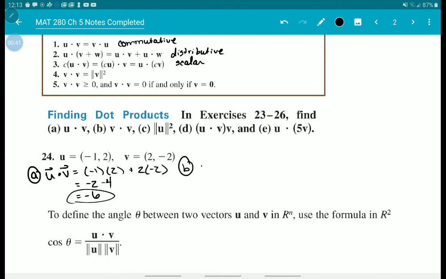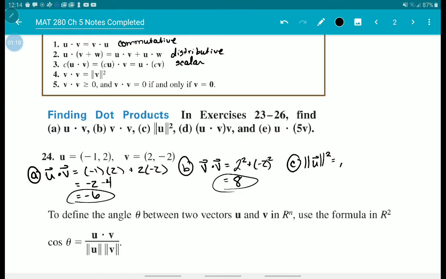B is asking us for v dot v. So we're going to have 2 times 2, which is 2 squared, plus -2 times -2, which is -2 squared. So we're going to have 4 plus 4, which is 8. C is asking us for the value of the magnitude of u quantity squared.